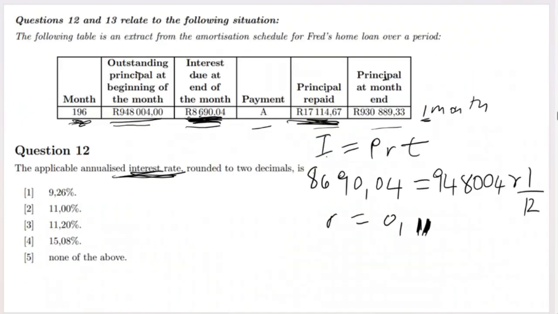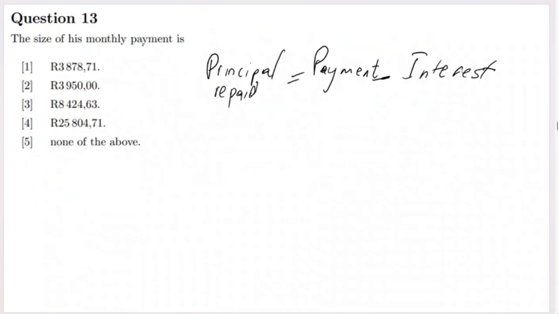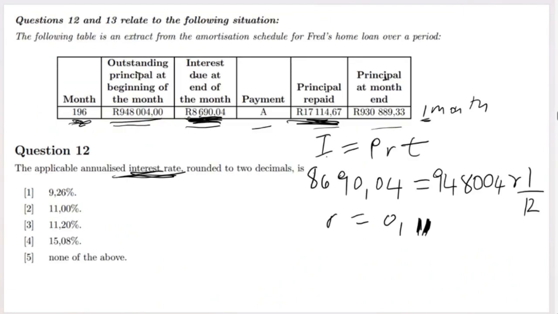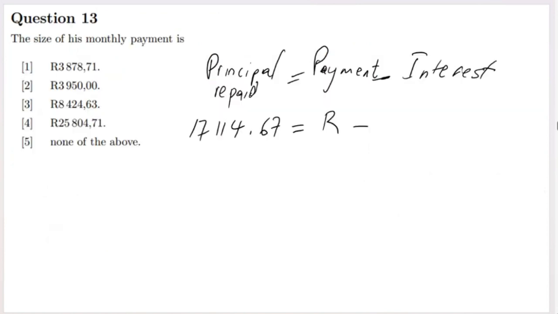So we know the repaid principal from the given information. We are told what is repaid. So now we are going to have 17,114.67. What is the payment? The payment amount, that's what you are looking for. Your interest is what has been given to you. The interest is 86.90. That's what is given, the actual amount, not the interest rate.